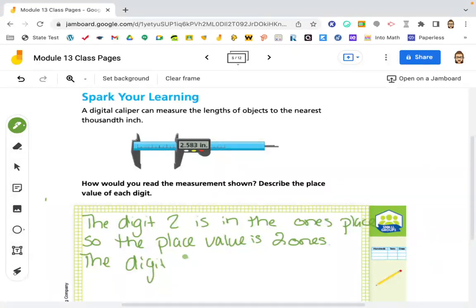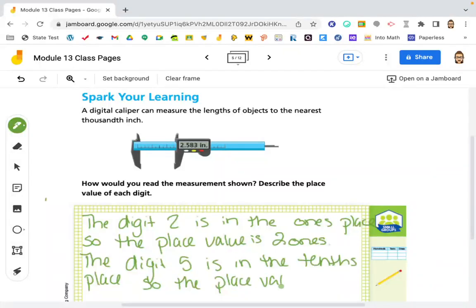The digit 5 is in the tenths place. So the place value is 5/10.